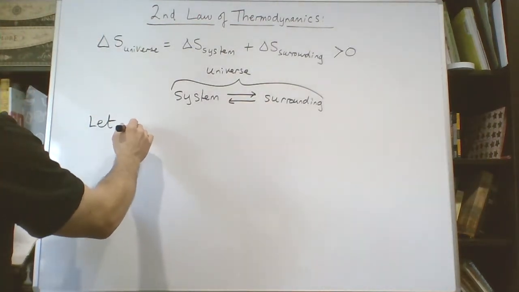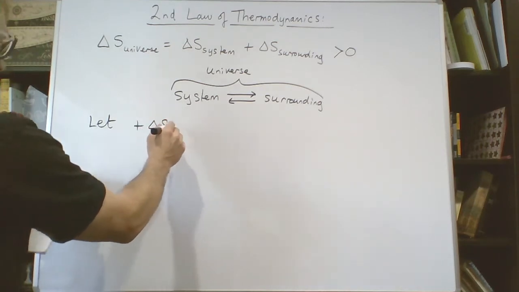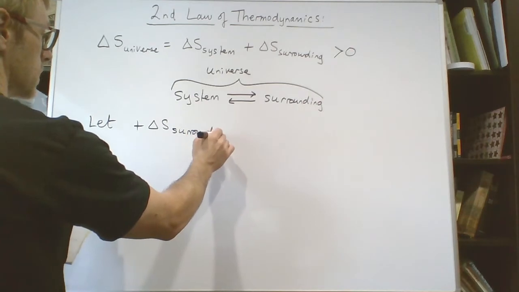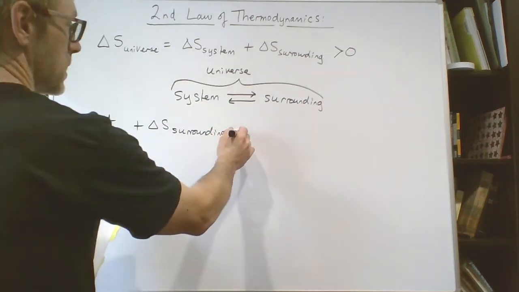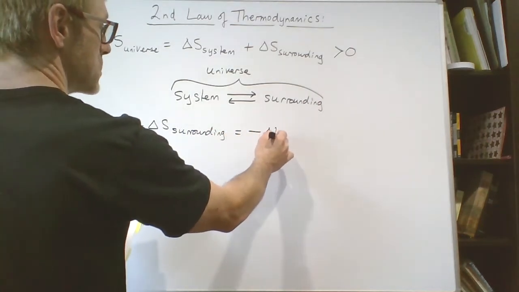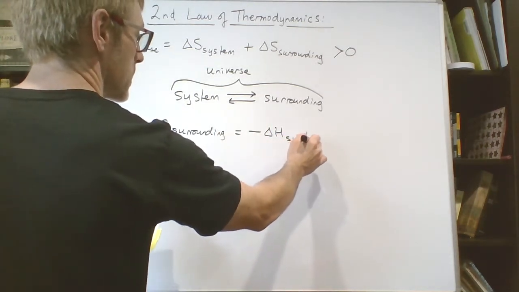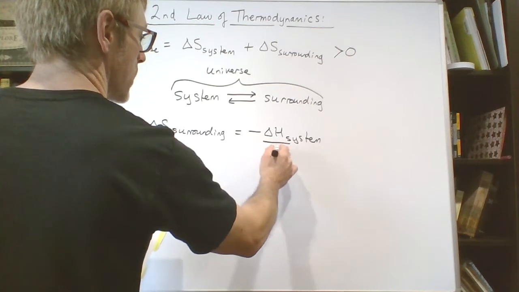So let a positive change in the entropy of the surrounding equal a negative change in enthalpy of the system divided by temperature.